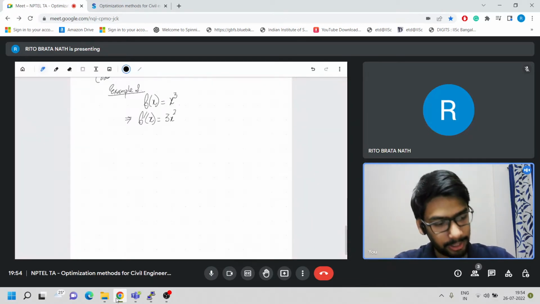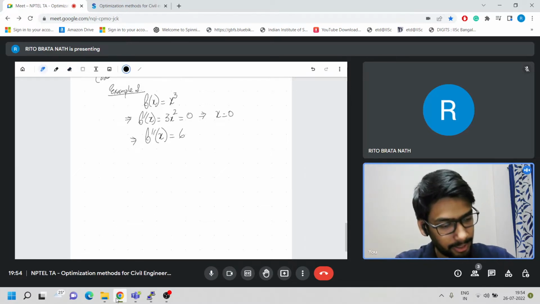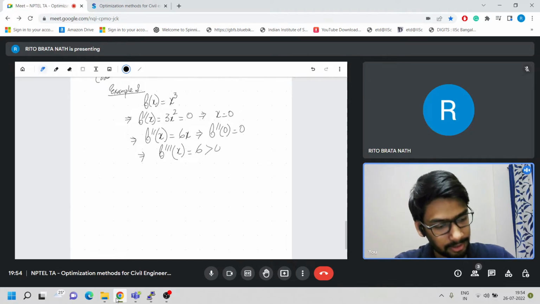This is 3x squared, you set it to 0 and you get x equals to 0. Then f double prime x is 6x, and again f double prime 0 is 0.